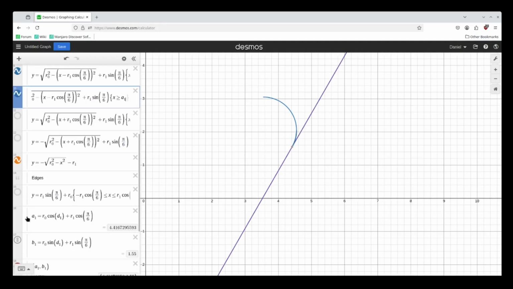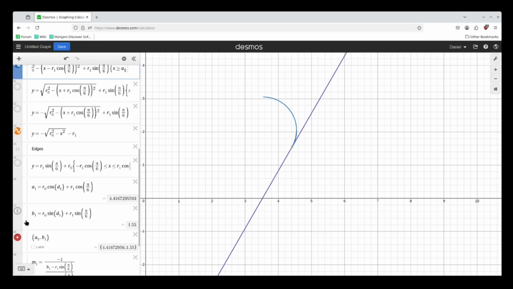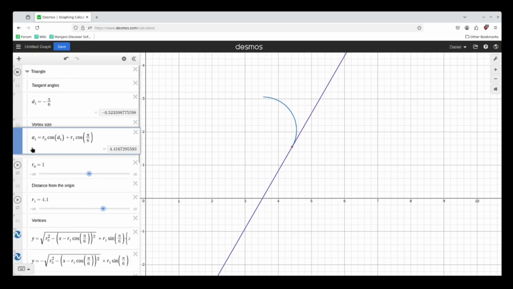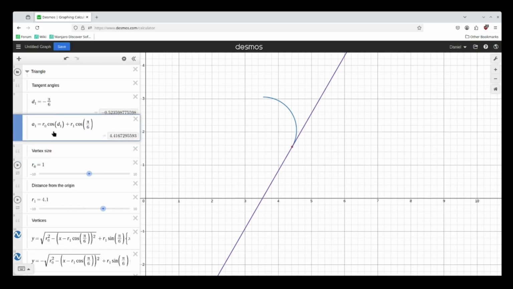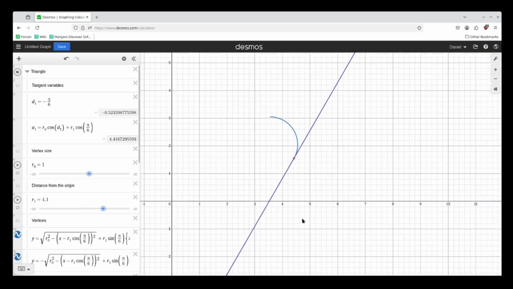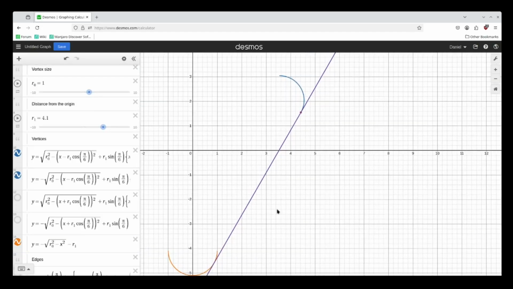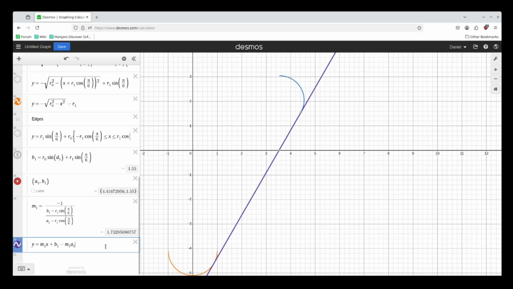I like having variables defined before we use them, even though it seems like Desmos is okay if we don't do that. And for this line, we would say x is less than or equal to a sub 1.